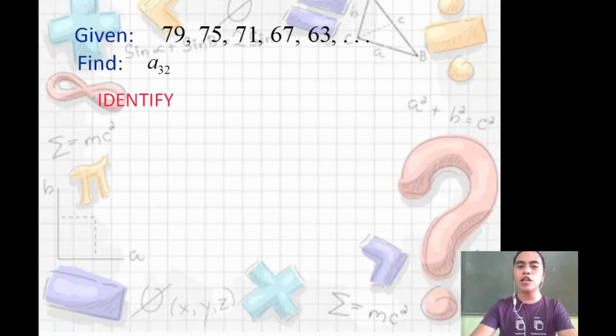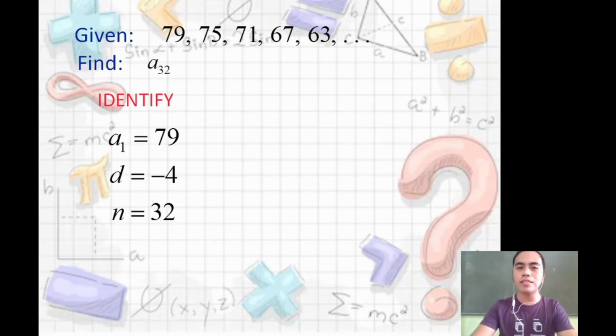But first, you have to identify the givens. So here are the givens. Your a sub 1, which is your first term, would be equal to 79. Your d, or the common difference, is negative 4. And n is 32.